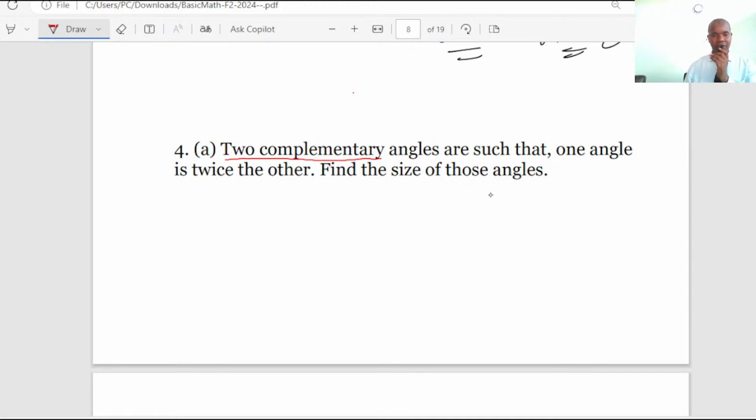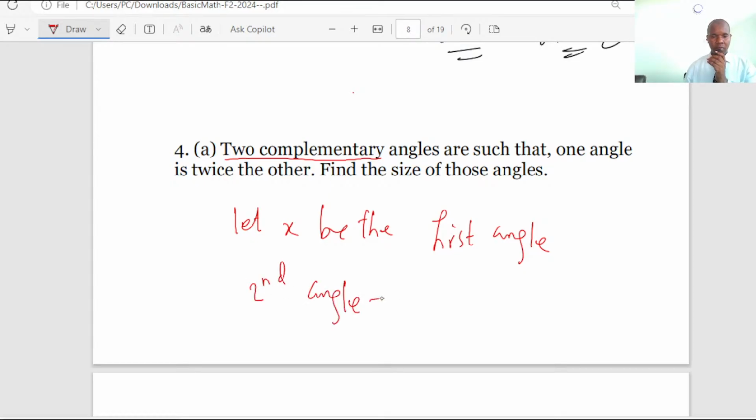So if 2 angles, I can say that let x be the first angle. Okay? And so the second angle will be 2x.